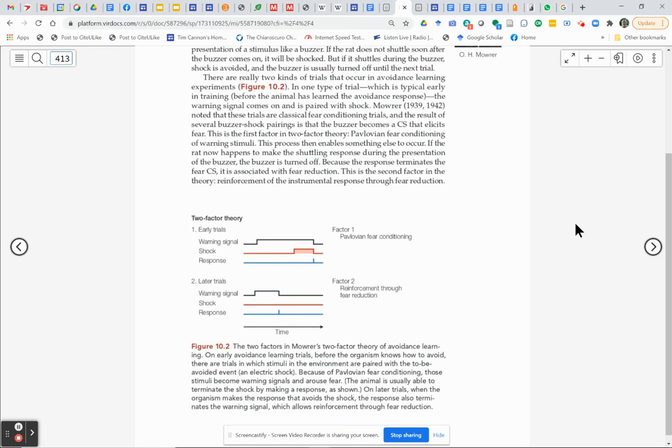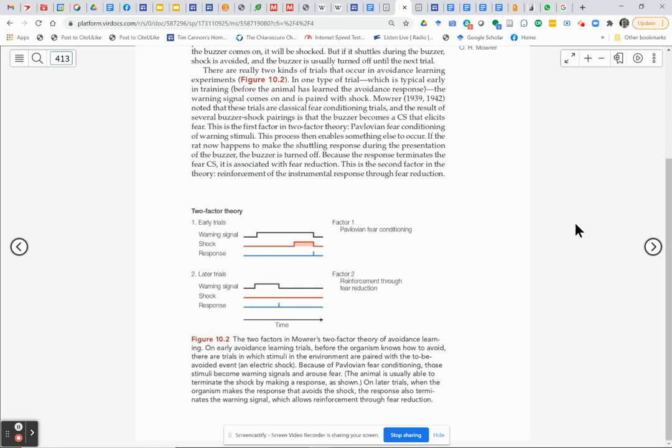If you respond appropriately, the threat of shock goes away, and that reduces fear. So that's a nice theory. As we'll see, it's not quite that simple, but it's still important and relevant.